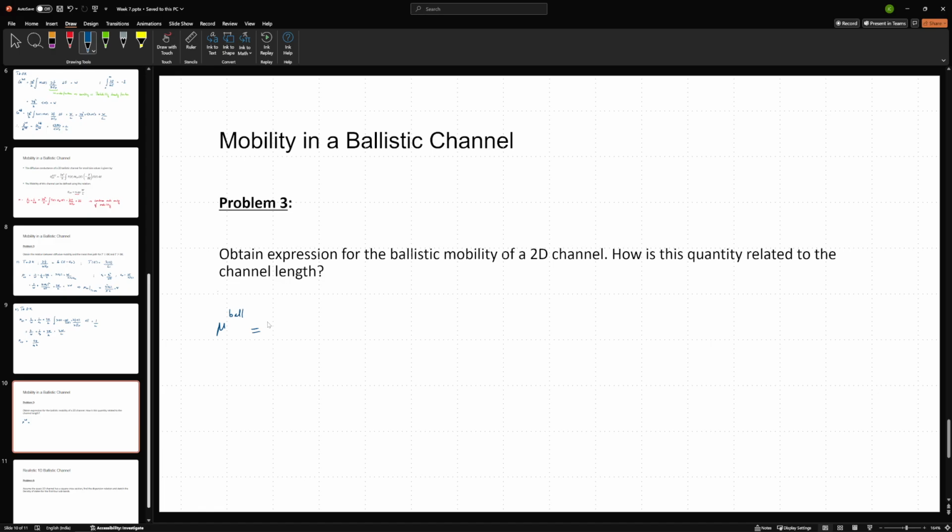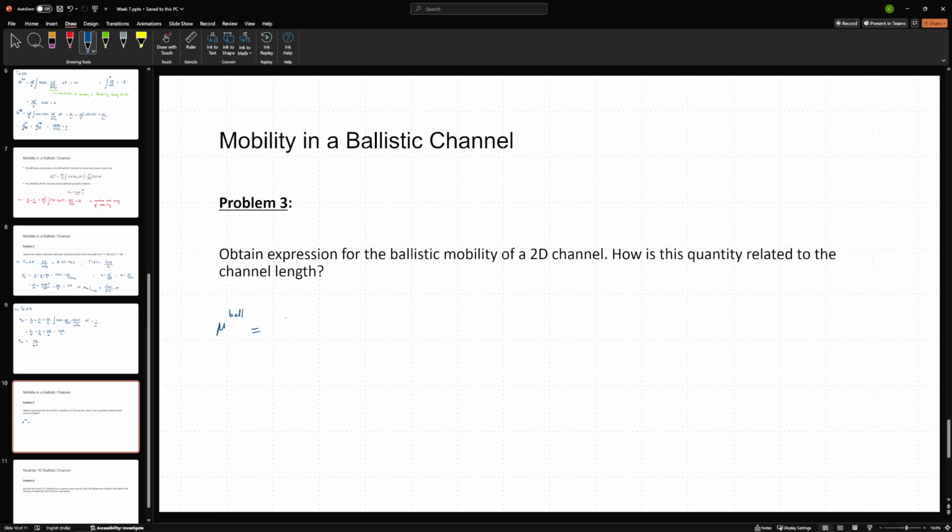Like there is the uncertainty principle, and I actually don't know where the electron is at any given point in time. I just know it is traveling from one end of my channel to the other without collisions. So this notion of mobility itself is very loose. Accordingly we should proceed with caution.